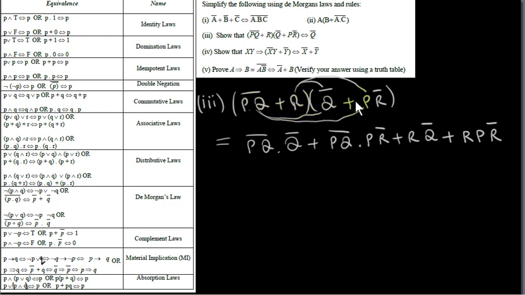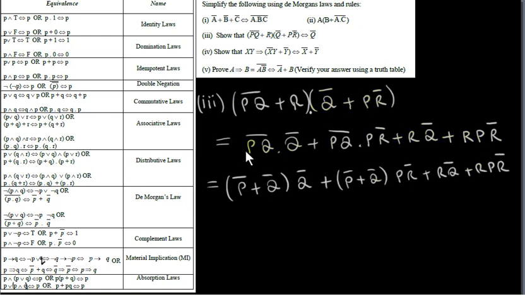We don't just have R into this bracket, but we have not (P and Q) into this bracket as well. So we have a dot here. The dot represents and. Anyway, so what I've done is I've taken this term and worked it through this bracket here. So not (PQ) times not Q plus not (PQ) times P times not R, and then I've taken R and multiplied it into these two terms, so we get 4 terms in total.